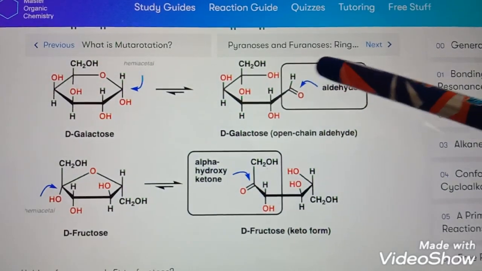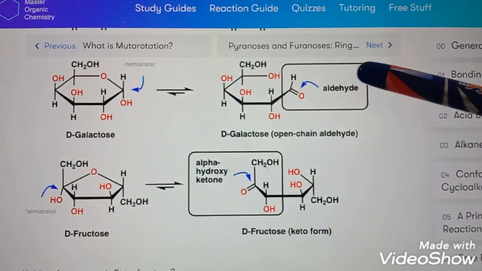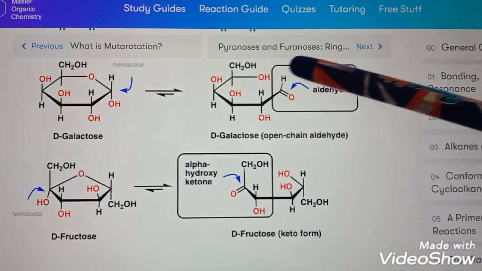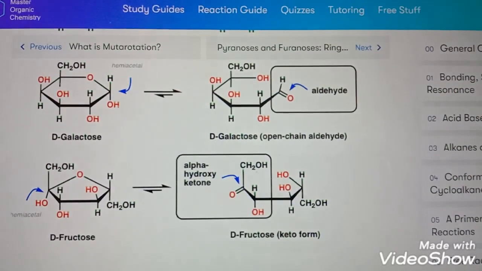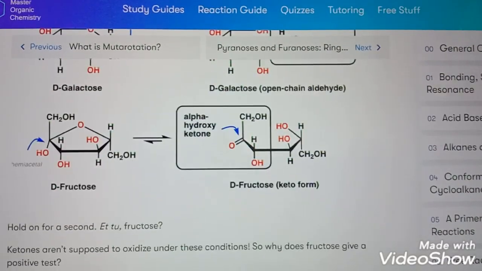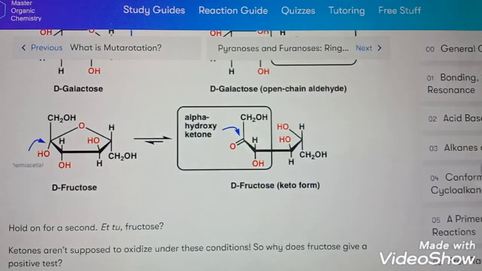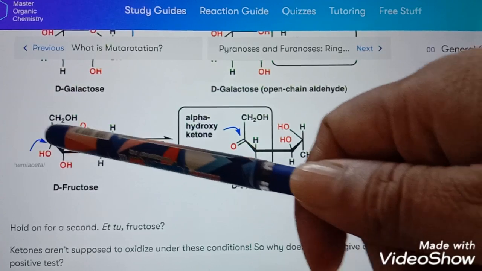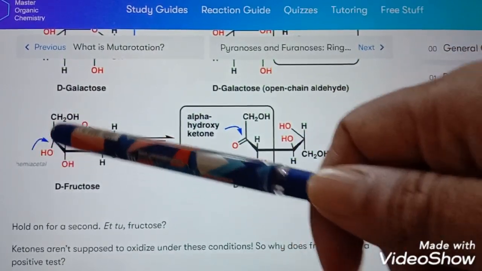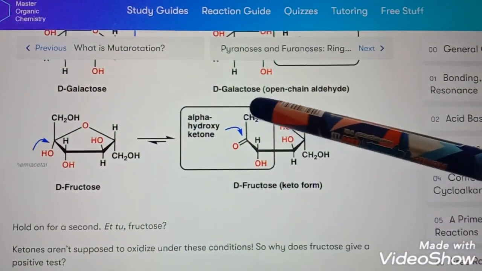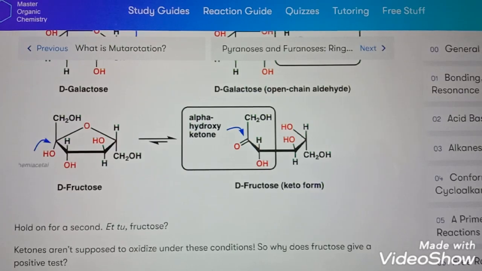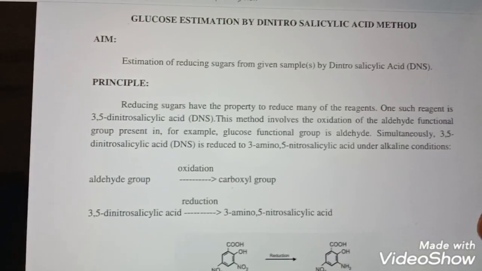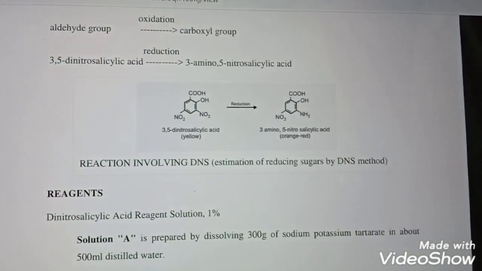This aldehyde group can be reduced, the aldehyde group changes to a double bond O. And if you take fructose, its functional group is a keto sugar. In this keto form, the second carbon becomes reduced, and the reducing sugar can be quantified. So based on that, if you want to quantify glucose, you can use dinitrosalicylic acid.